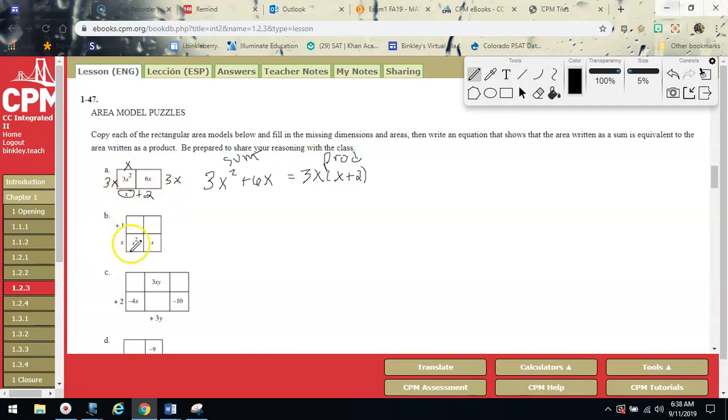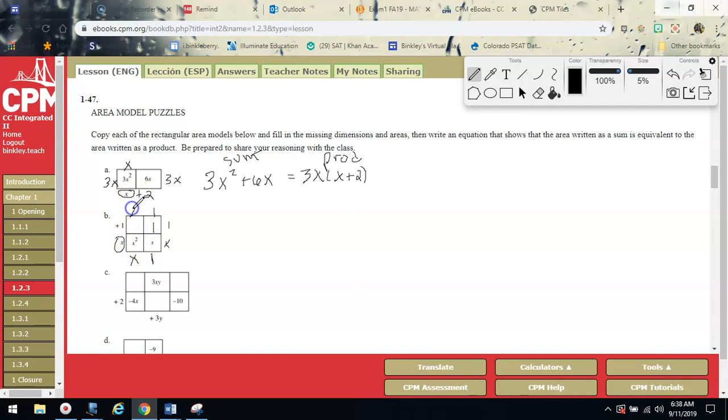Okay, so this one down here, that means if this side is x, that means this side's also x. This is 1. X times what is x? That's just 1. If that's 1, that's 1. If these are both 1, then the inside is 1. 1 times 1 is 1. And then how do we get this x squared? We know that this is x. It would be x times x.